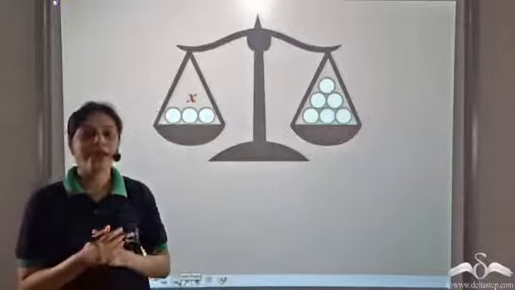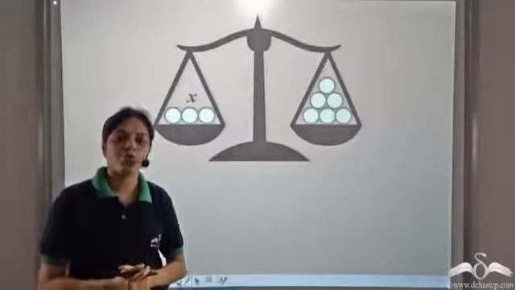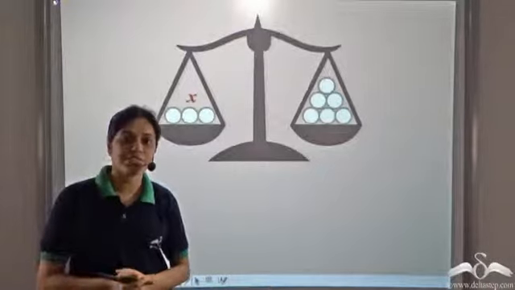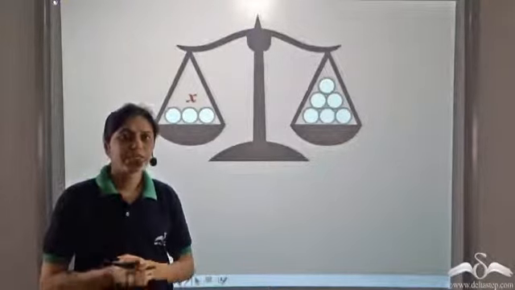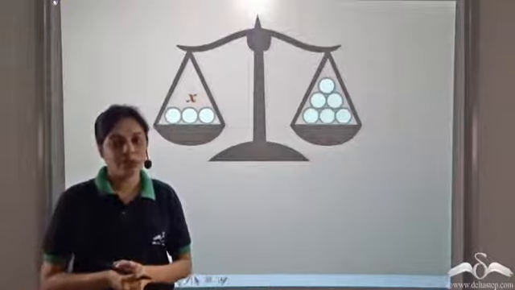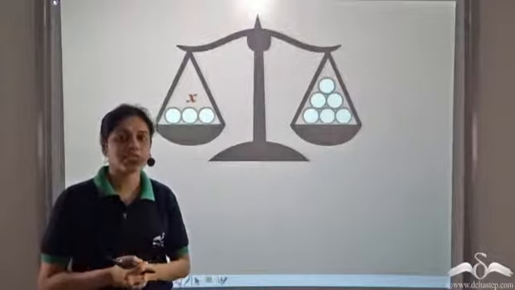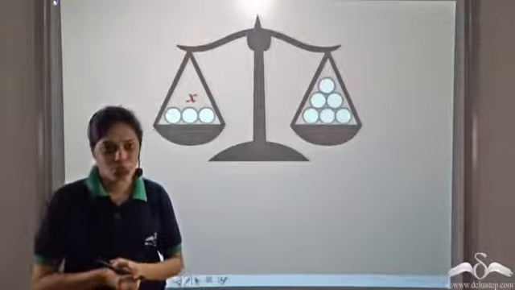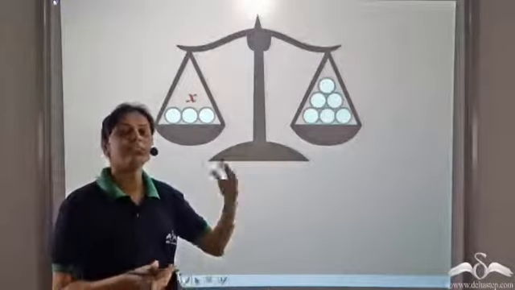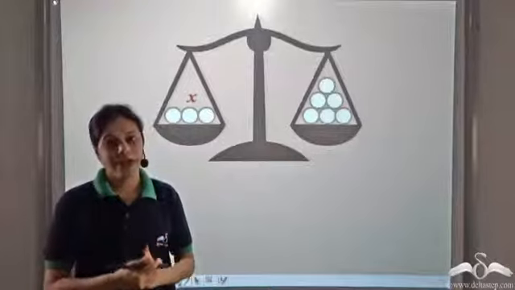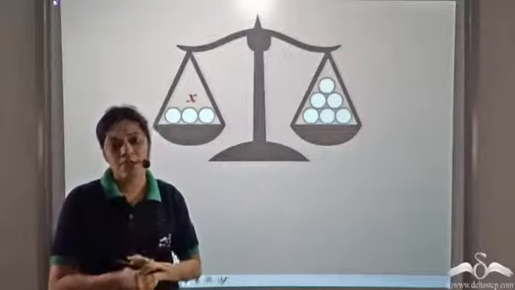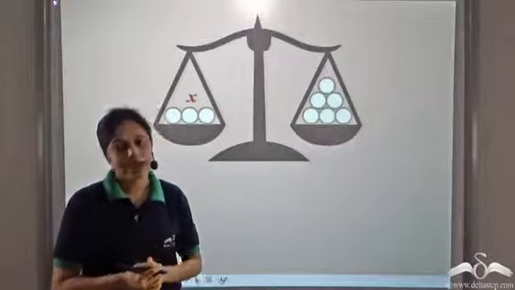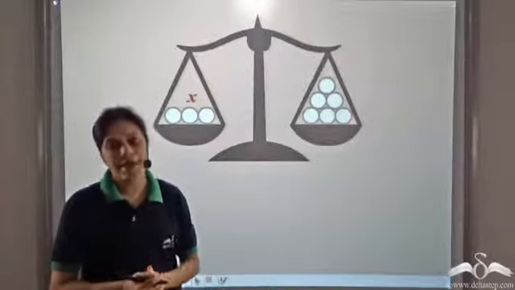So, if we add an equal number of balls on both the sides, the scale remains balanced. Similarly, if we remove an equal number of balls from both the sides of a scale, the scale still remains balanced. So, if a weighing scale is initially balanced, and we add or remove an equal number of balls from both the sides of the scale, it still remains balanced.